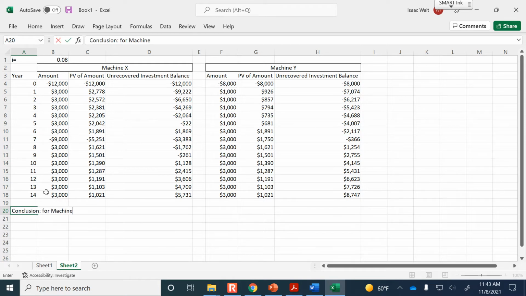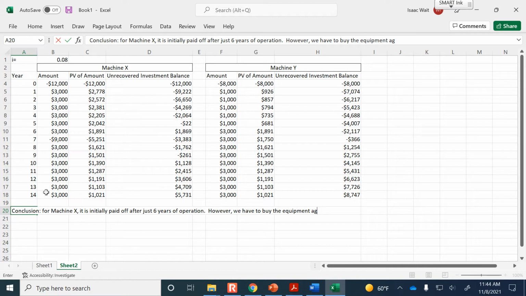For machine X, it is initially paid off after just 6 years of operation. However, we have to buy the equipment again to cover the full 14-year cycle.